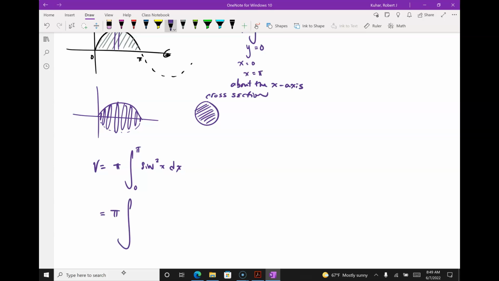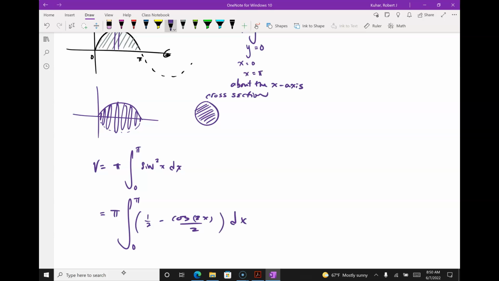So this is a power reduction, which is 1/2, I forget it. This is why you have a formula sheet, because I can't even remember. Yeah, so 1/2 minus cos of 2x over 2.